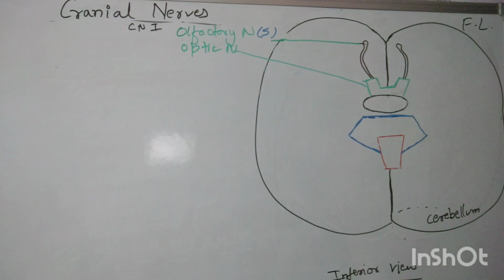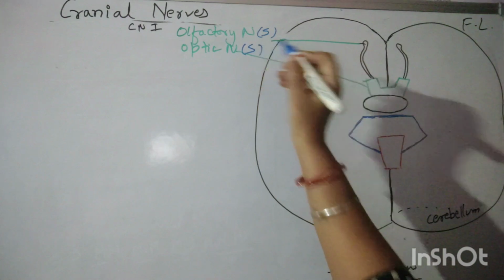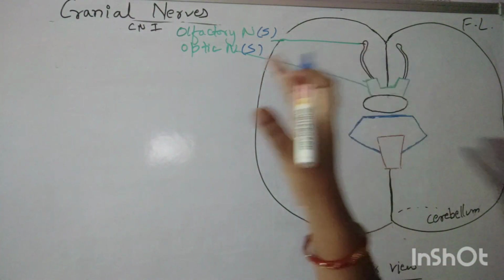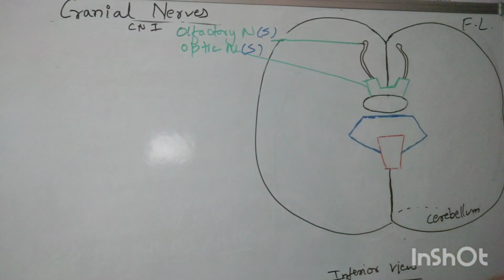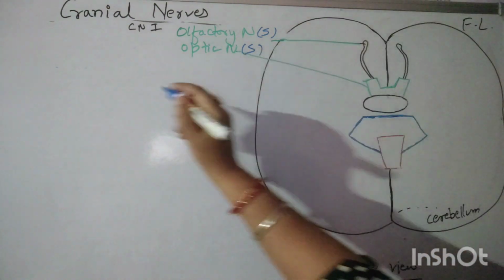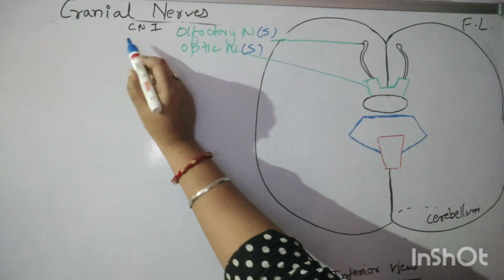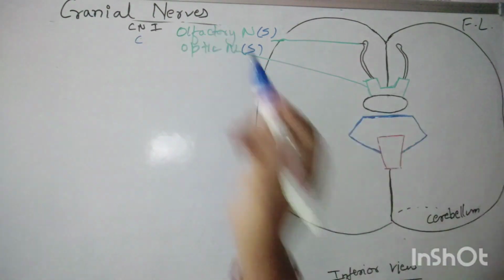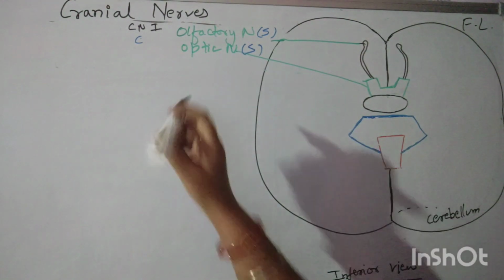And which type of impulse is it carrying? It's carrying the sensory impulse. It's taking the picture of food to the brain, sending the pictures through messages. So this is our cranial nerve 2.